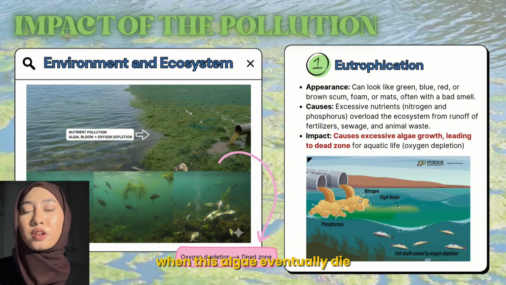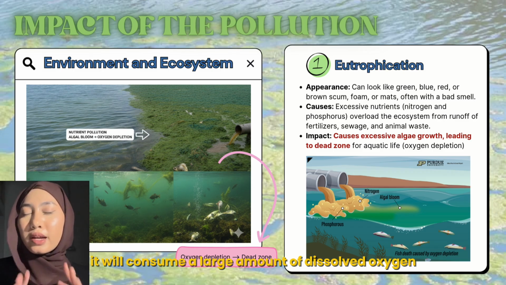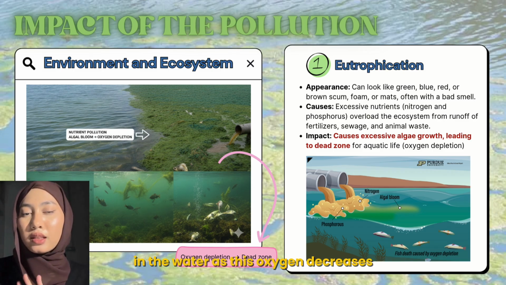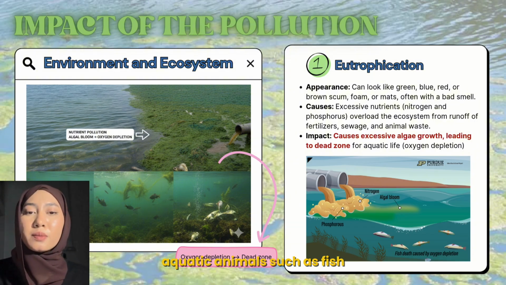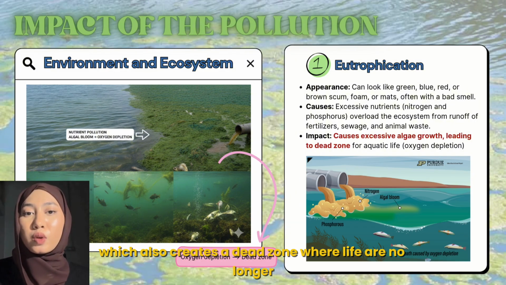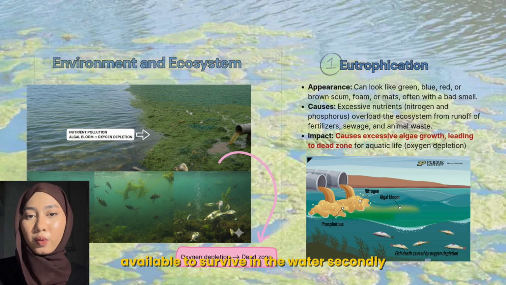When these algae eventually die, they consume a large amount of dissolved oxygen in the water. As this oxygen decreases, aquatic animals such as fish cannot survive and breathe properly, which also creates a dead zone where life is no longer able to survive in the water.